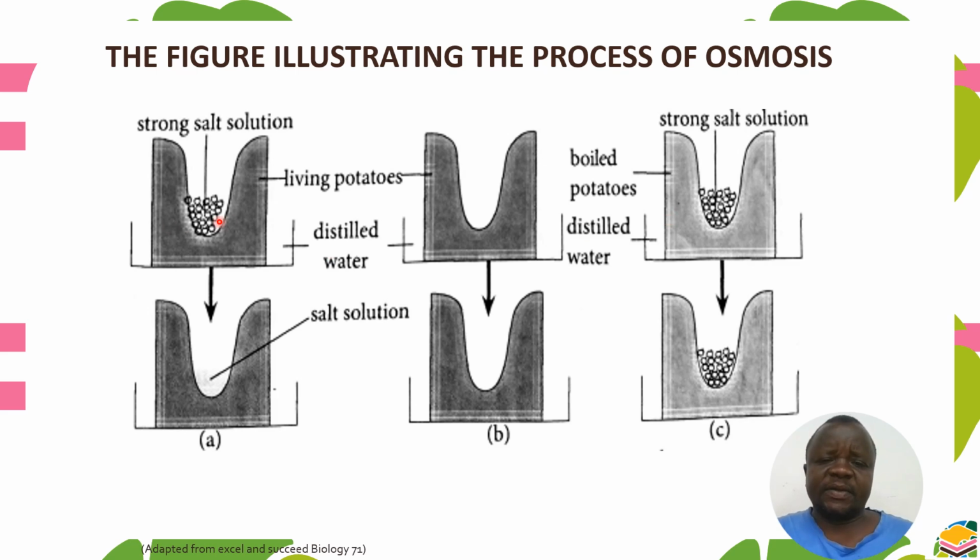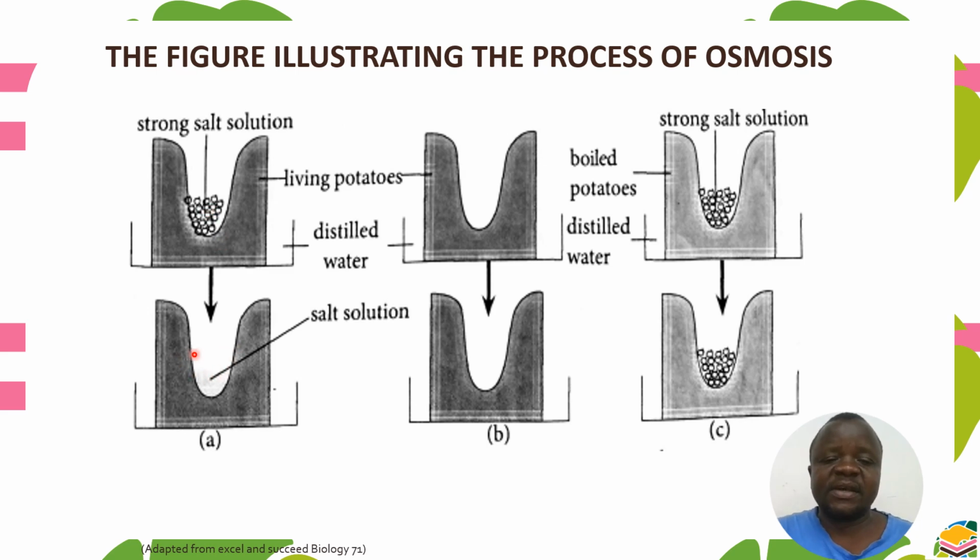Right, here we have, for example, strong salt solution, which is there. Now, this salt solution will go this way, and the solution will rise here. All these grain-like here, now they are dissolved.